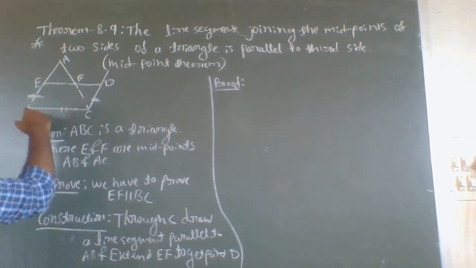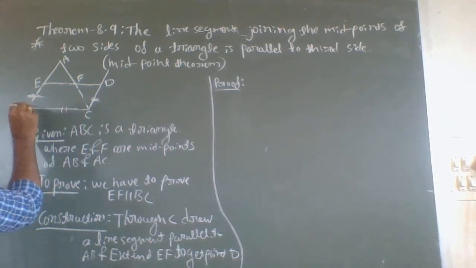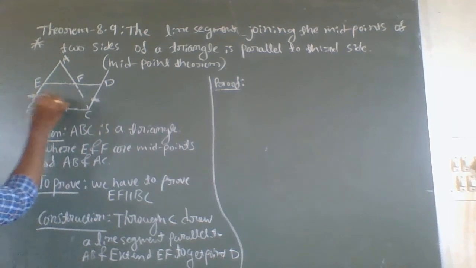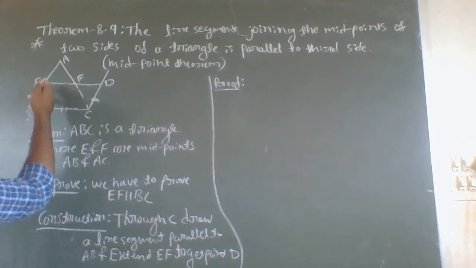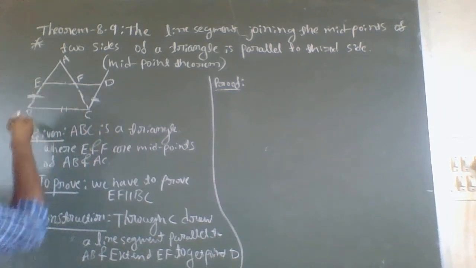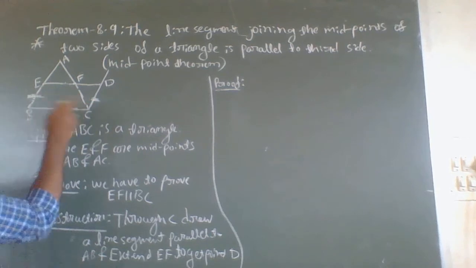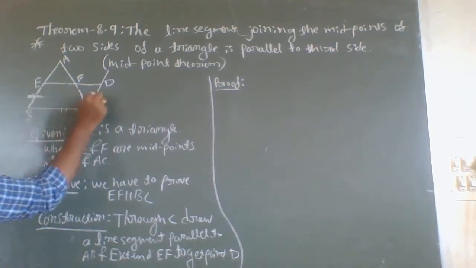And if we prove this is a parallelogram, the other two sides are also parallel. By construction, we know that these two sides are parallel, because we constructed a line through C which is parallel to AB. But we have to prove these two are equal also.